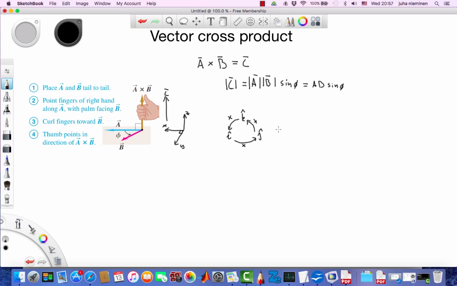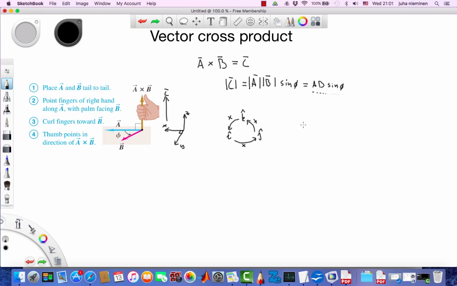The reason why I brought this up was that usually when we calculate the cross product, we don't use this simpler formulation as seen here, because this requires the calculation of the angle between the two vectors and also the length. Usually we know the components of the vectors, and then we have a more general way of calculating the cross product, and it goes as follows.